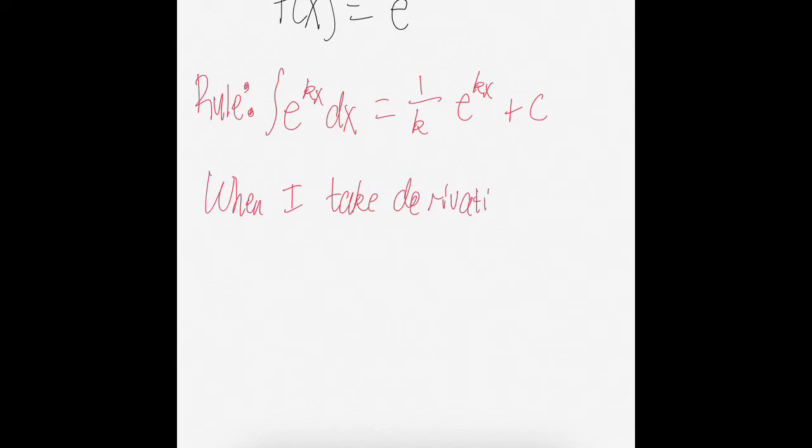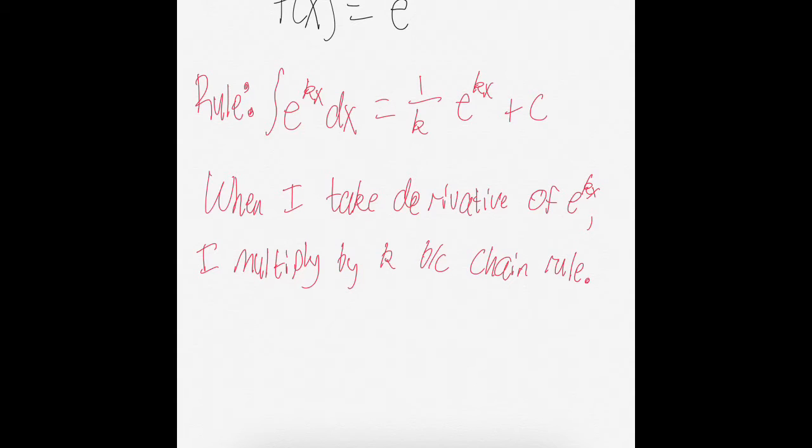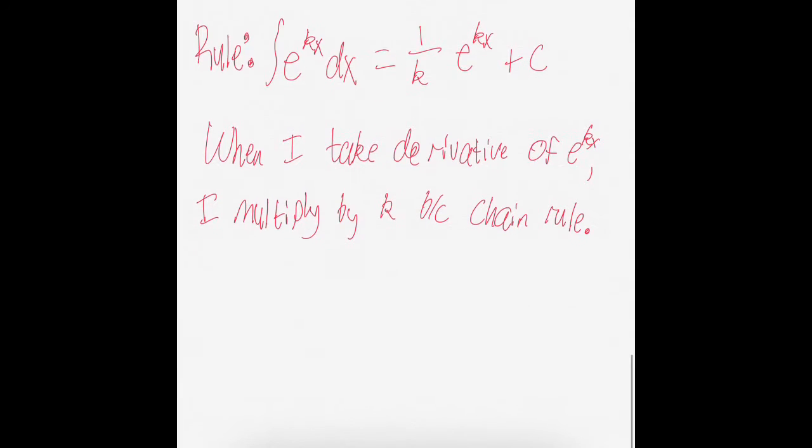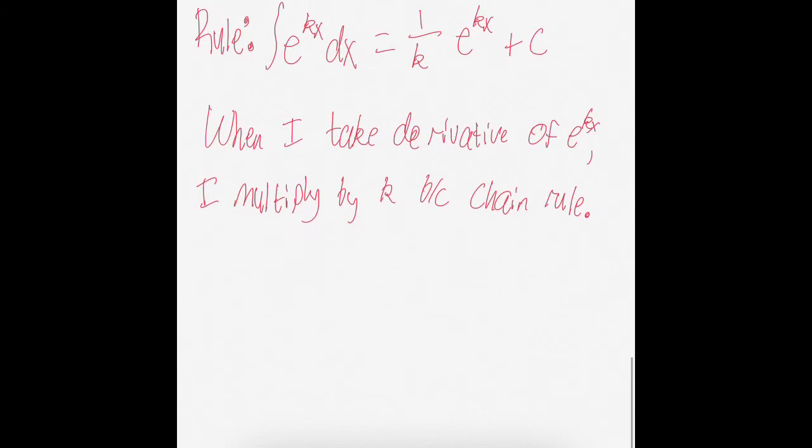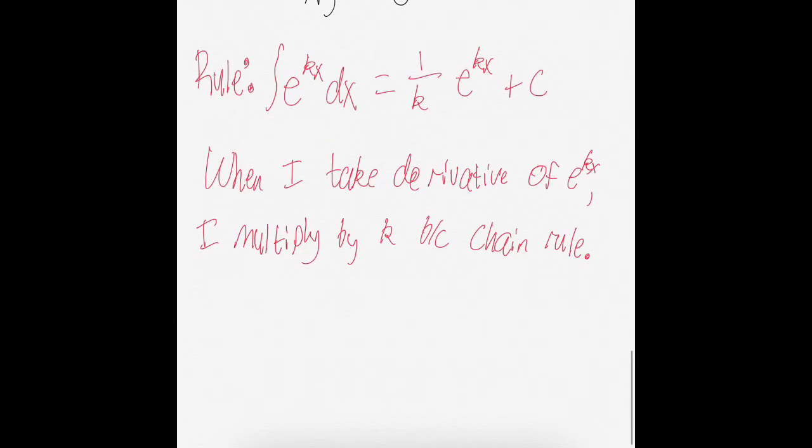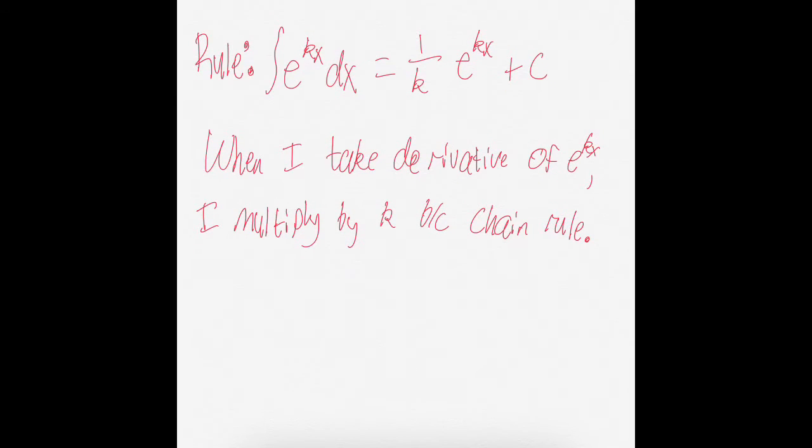Now here's how I think about this one, and this demonstrates a very general principle relating to the processes of differentiation and antidifferentiation. When I take the derivative of e to the kx, I multiply by k because of the chain rule.